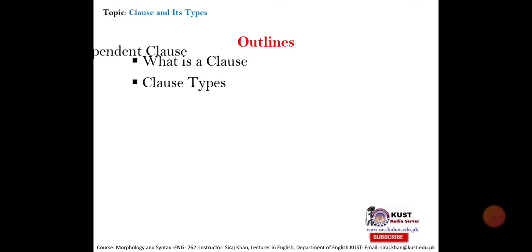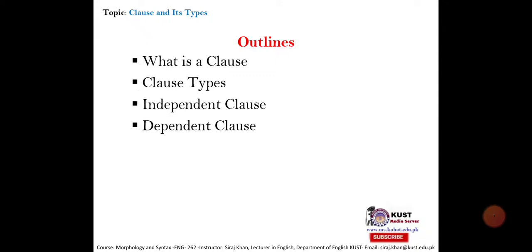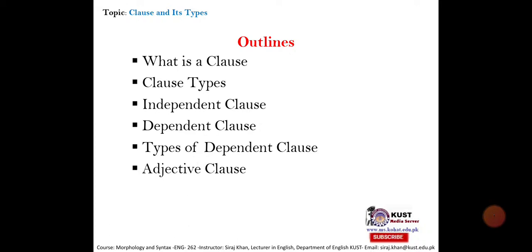The outlines are: first of all, we need to know what is a class, its types, independent class, and types of dependent class: adjective class, adverb class, and noun class. These are the subtypes of dependent class.